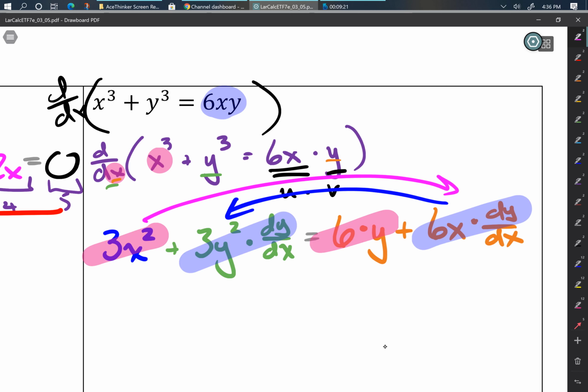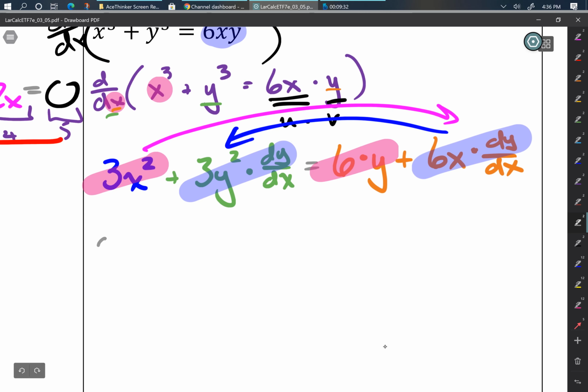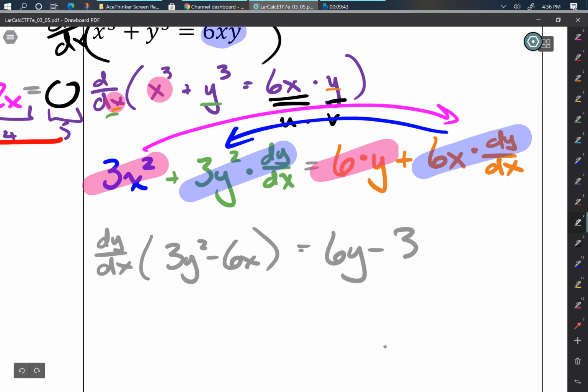I could move the green one to the right and the orange one to the left. It's just most people tend to like it better when you put things on the left. So when I move that to the left, I'm going to get dy dx times 3y squared minus 6x is equal to 6y minus 3x squared.